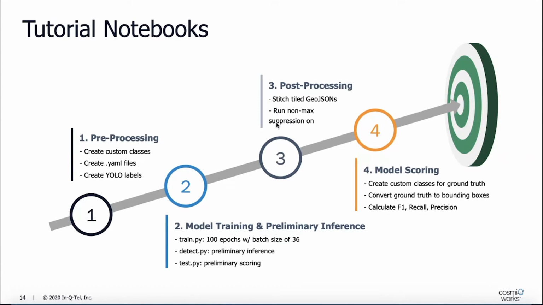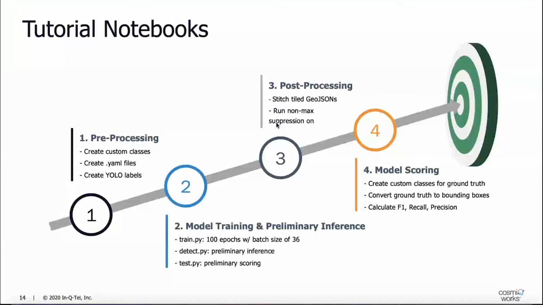And this implementation of YOLO is great because it simplifies these 3 aspects for you through 3 Python scripts. The first being train.py, and you basically run these through a single bash command, and we chose to train our model via 100 epochs with a batch size of 36. And then detect.py is preliminary inference on the tiled images.